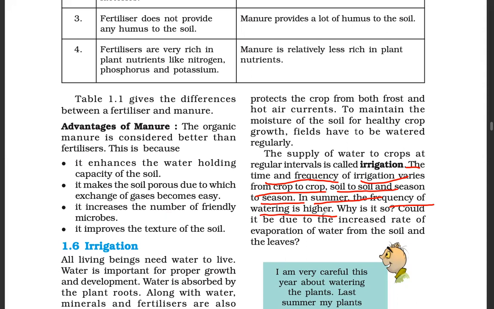Similarly, evaporation happens from the fields also, right? So why is it so? Could it be due to the increased rate of evaporation from the soil and leaves? Yes, it's correct.